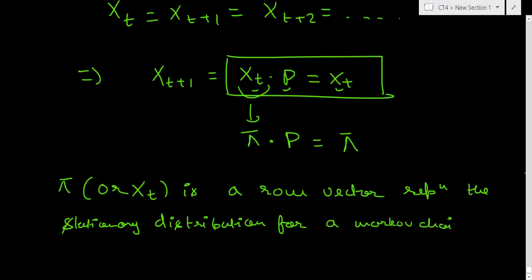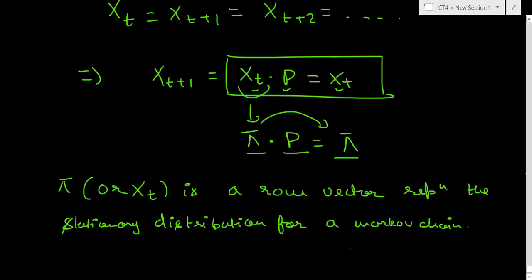What this means is that it is a distribution which returns to itself if I multiply it by p. That is what a stationary distribution is.